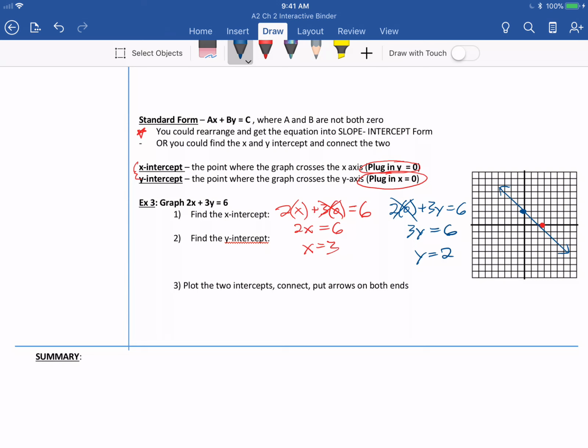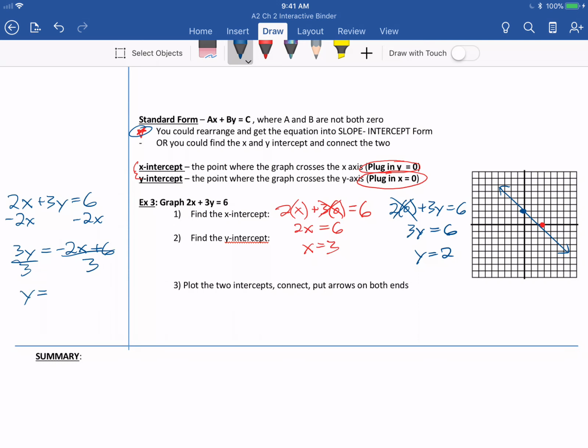All right. Again, if you wanted to look at this, I'll do some quick work over here. If you have 2x plus 3y equals 6, you could get this one into y equals mx plus b. You subtract the 2x, so I get 3y is equal to -2x plus 6. Then you just divide by 3 to all these parts, even that 6.